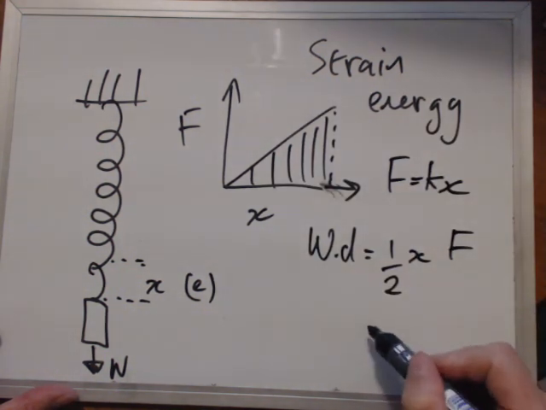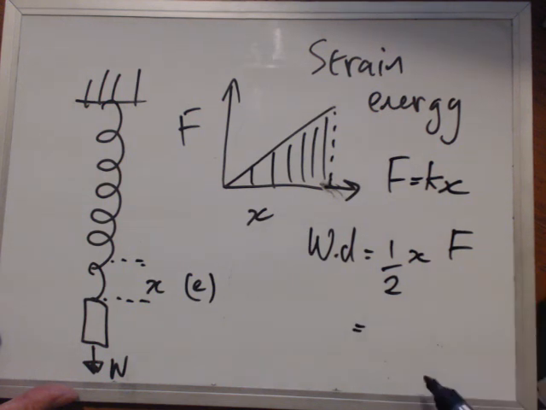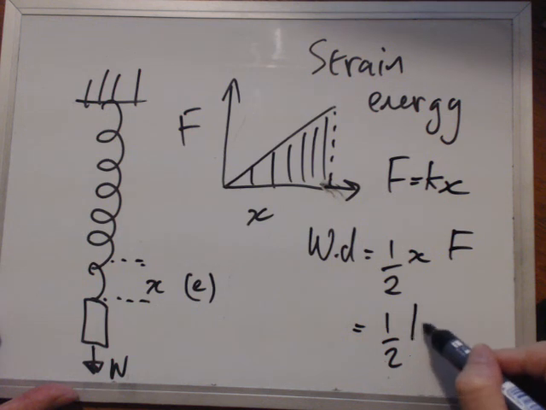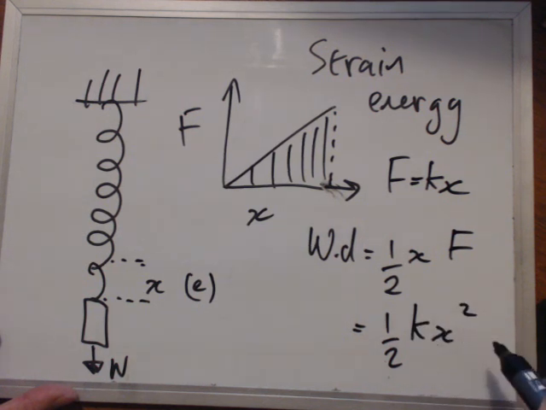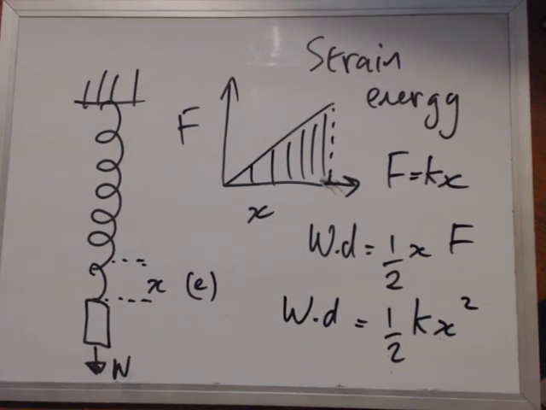So substituting that in, you would get the value of half kx squared. So this is the work done, and this is the energy stored in a spring when it obeys Hooke's law.